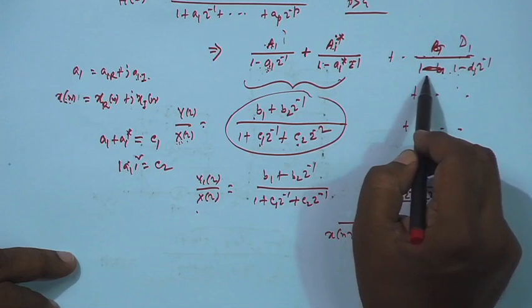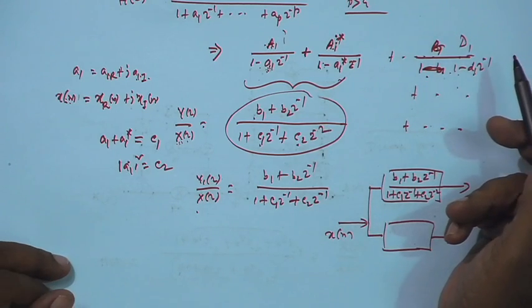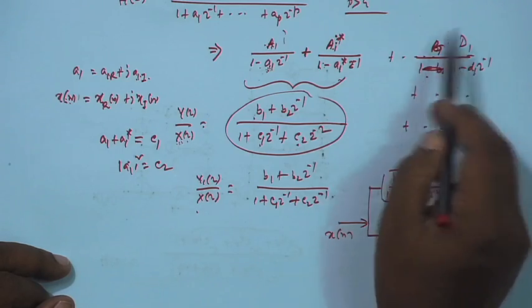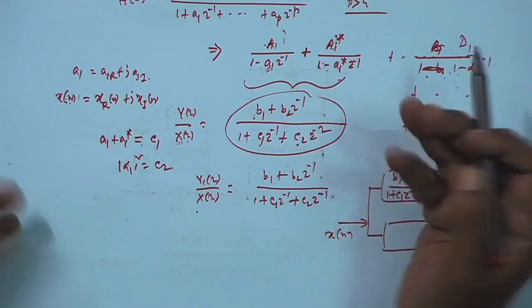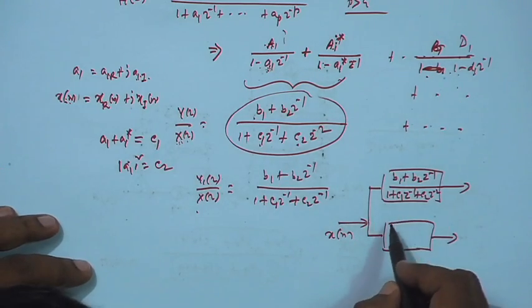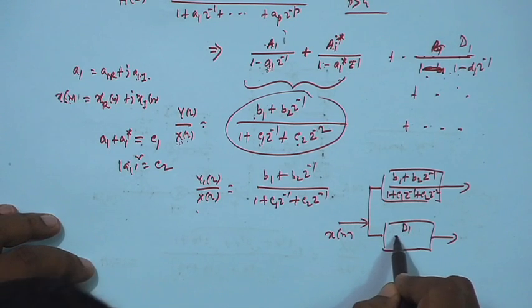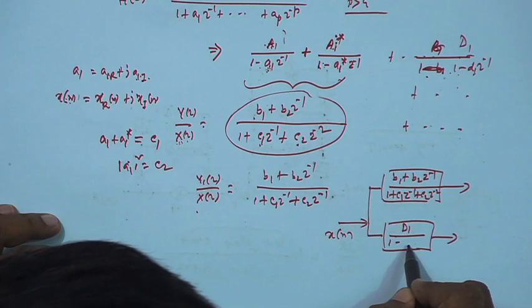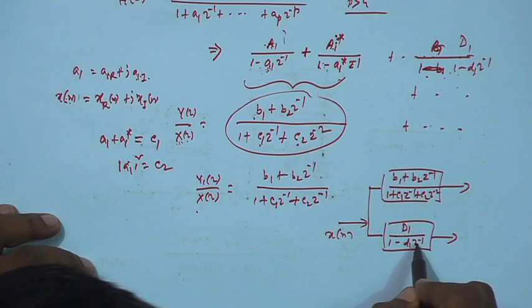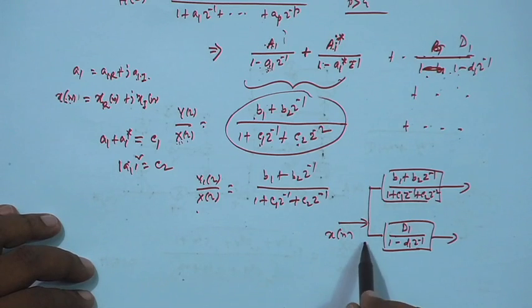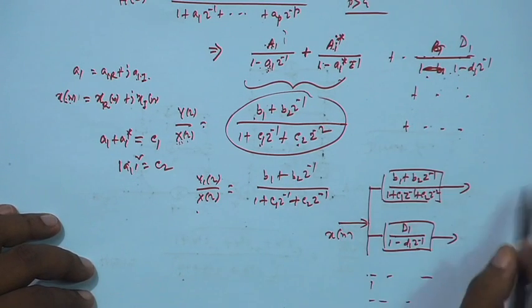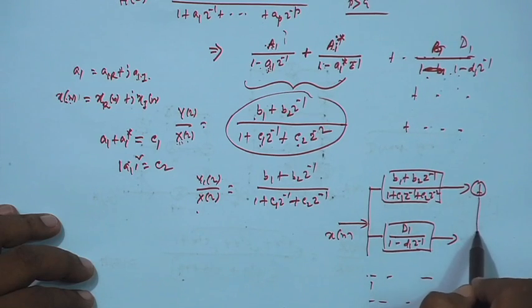X(z) into this, you can call it Y2(z). So, Y2(z) by X(z) is this. This again you can realize in direct form 1 or direct form 2. So, there could be terms like D1 by 1 minus D1 Z inverse, for all the partial fractions, and their results you add.